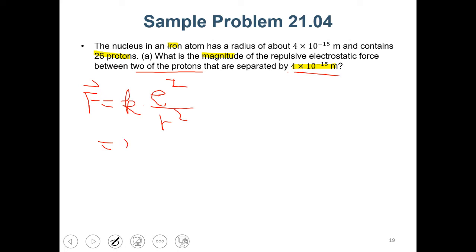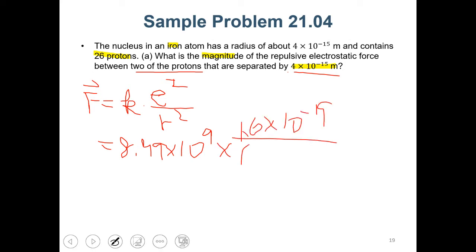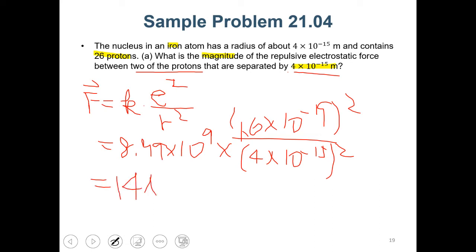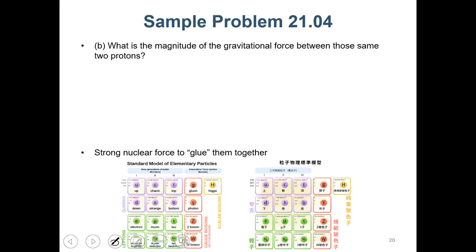We just plug in all the values: 9 times 10 to the 9 times 1.6 times 10 to the minus 19 squared over 4 times 10 to the minus 15 squared. So the force will be 14 Newton. Okay, so this is easy.